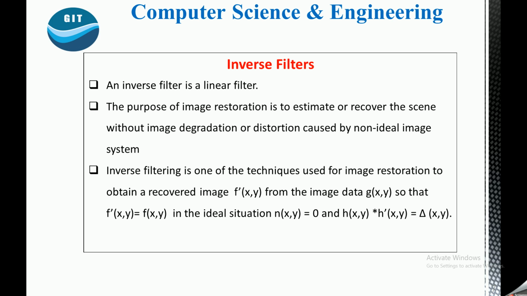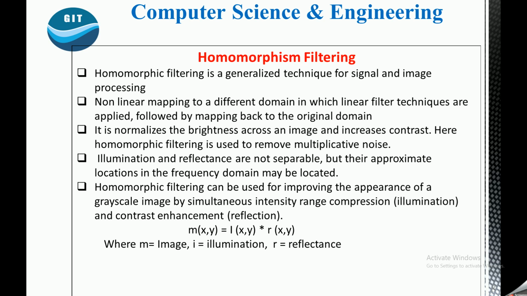Inverse filtering is one of the techniques used for image restoration to obtain the recovered image f'(x,y) from the image data g(x,y), so that f'(x,y) is equal to f(x,y). In the ideal situation, n(x,y) is equal to 0 and h(x,y) multiply h'(x,y) is equal to delta(x,y).